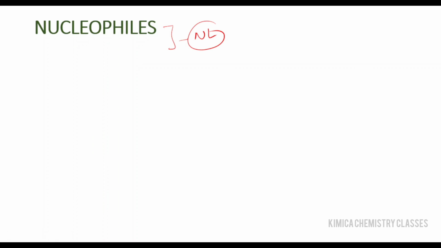What does it do? It donates a pair of electrons to form a bond, and it usually carries a negative charge. As you write nucleophile, it carries a negative charge and has a lone pair.